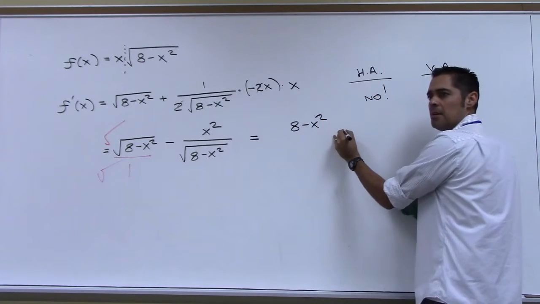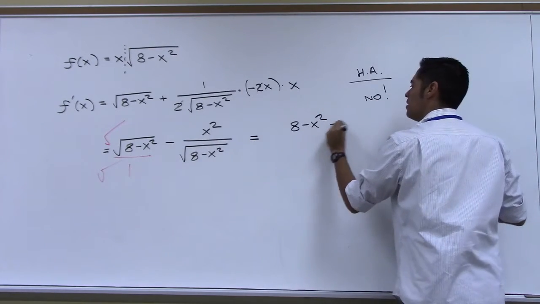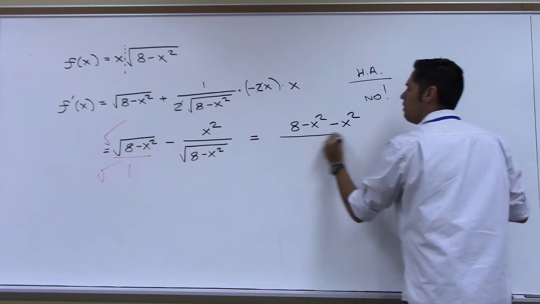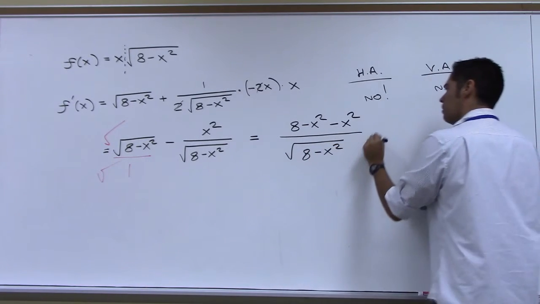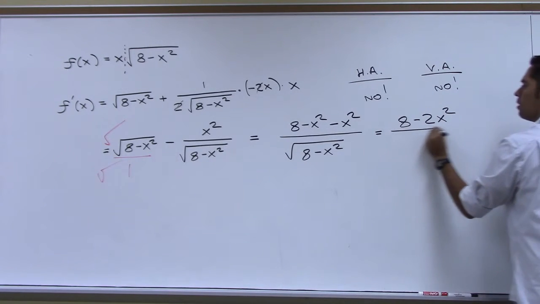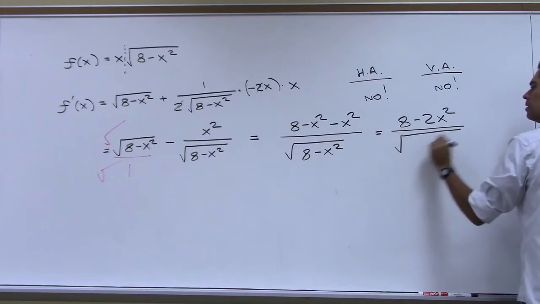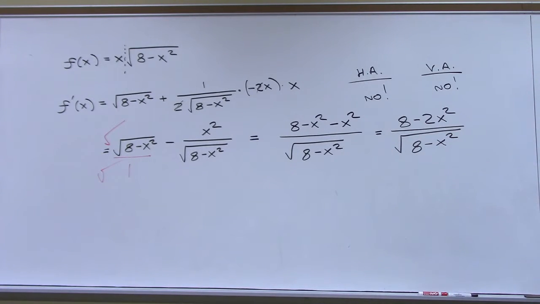That'll be over the common denominator, and minus this one, which is minus x squared. All of that over common, which is just 8 minus 2x squared over square root 8 minus x squared. That's not so bad.